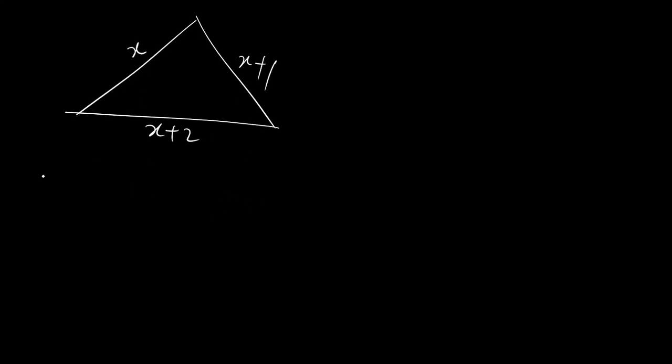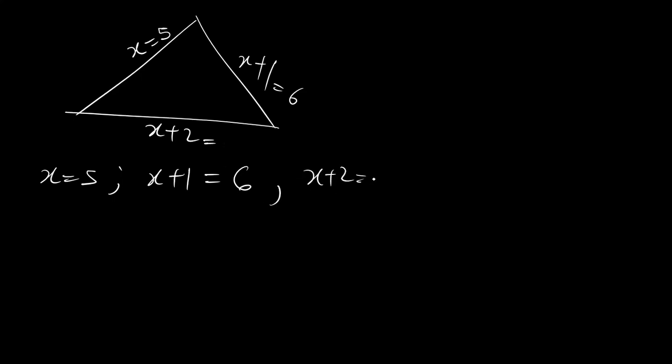Now x is equal to 5, that means here is equal to 5. For x plus 1, that is equal to 6. So here is equal to 6. And x plus 2 is equal to 7. So we have 5, 6, 7.